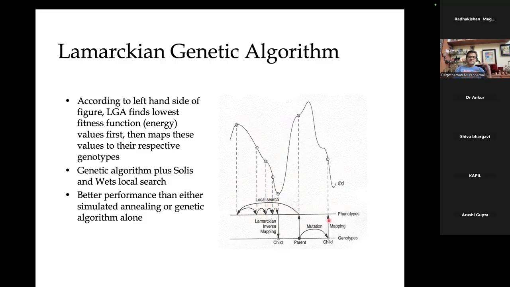You have phenotypes, which are the conformations, and you have the parent, which gives a particular phenotype to the child, because you are switching one conformation with the other, and so on. You can use the Lamarckian genetic algorithm to find the lowest fitness function, and then map them back to the respective genotypes, and within a short period of time, it finds the good answer or the good binder pretty fast.